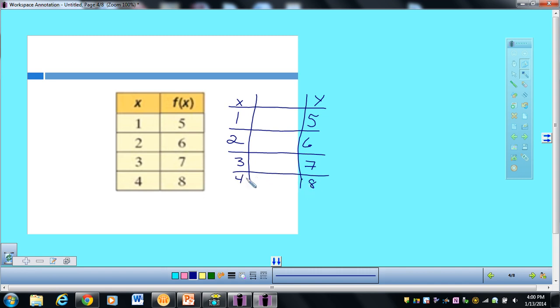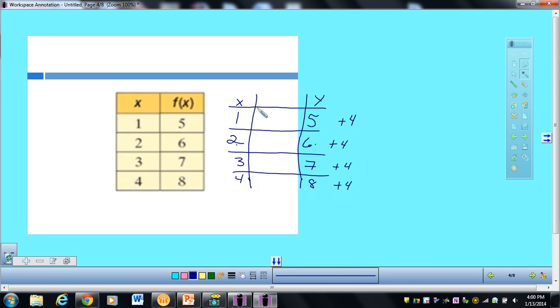Well, I need to figure out, how did I get from 1 to 5? Well, I could have added 4 here. But if that's what my function rule is, then I need to make sure that it works for all of these. So from 2 to 6, yep, I can add 4 there. From 3 to 7, definitely can add 4 there. And from 4 to 8, I can add 4 there.